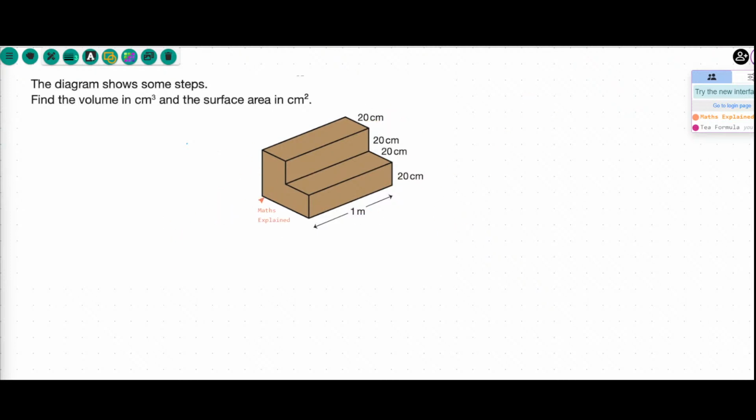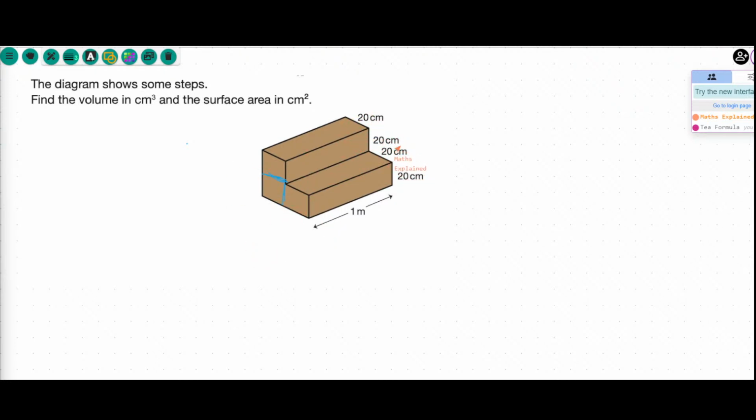Okay, well, let's start with the volume because that's, as I said, what I prefer. And when you're given compound shapes like this, I would suggest splitting them up. So we can turn this set of steps into 3 rectangular prisms. And it's easier to find the volume of 3 rectangular prisms than a shape like this.